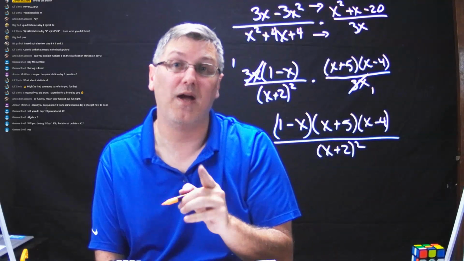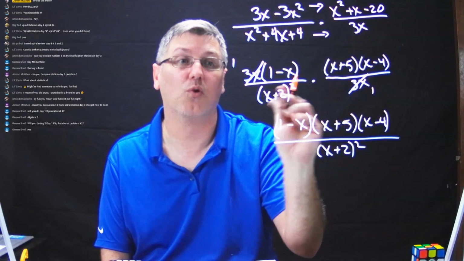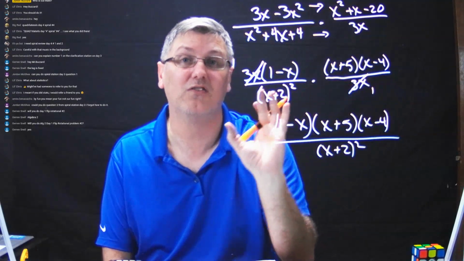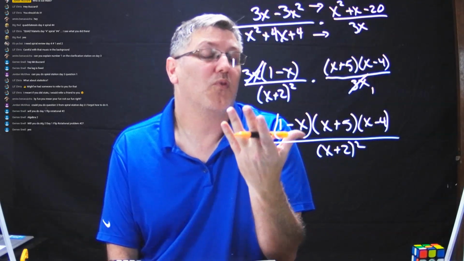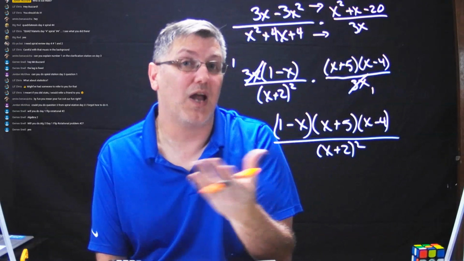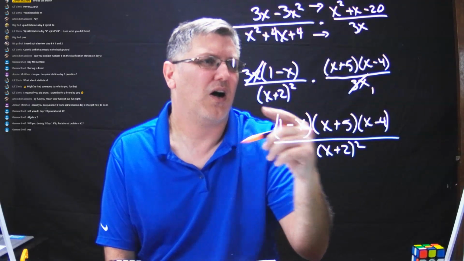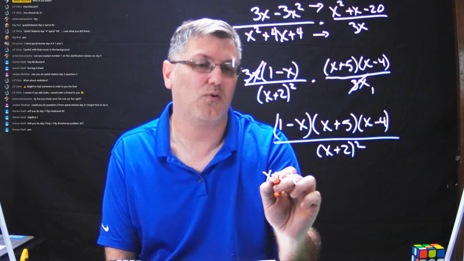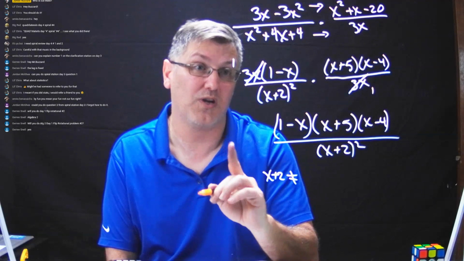Now we want to find the domain of this as well. To find the domain, we're going to go back to the step where we factored. We're going to basically set each denominator equal to 0 and solve to see what number will give us 0 in the denominator, because we're not allowed to have 0 in the denominator. So here I can do the x plus 2. I'm going to write cannot equal. It works the same as the equal sign, but it just reminds me that I'm looking for a cannot equal, not an equal.